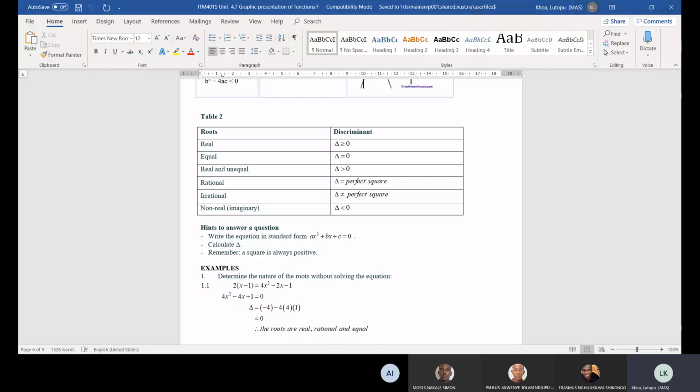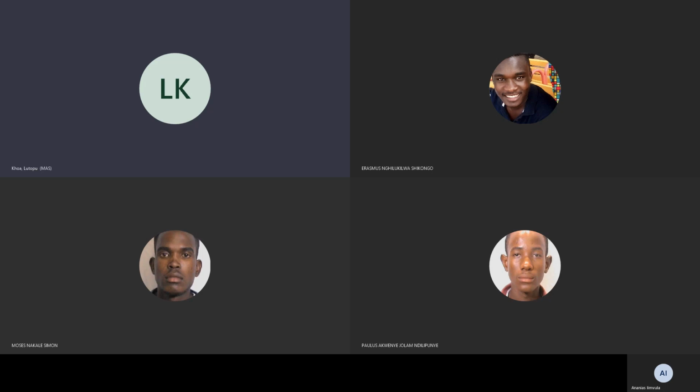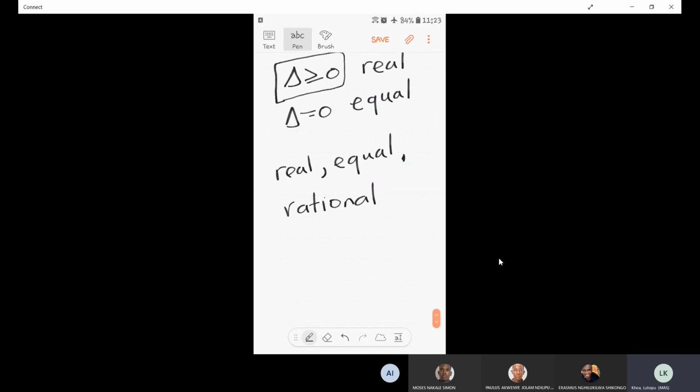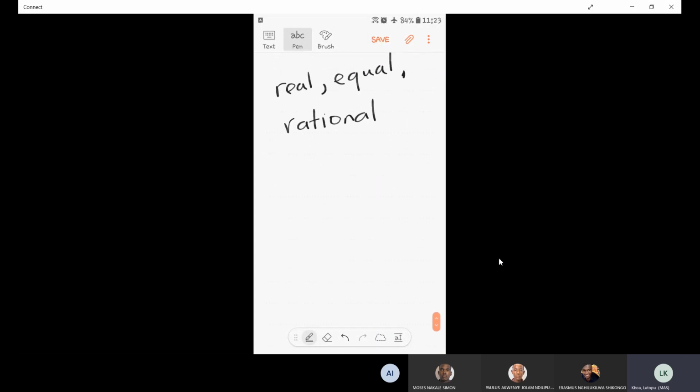Okay, let's do another example. With the next one, we have minus half x squared equal to minus 2x minus 14 over 4.